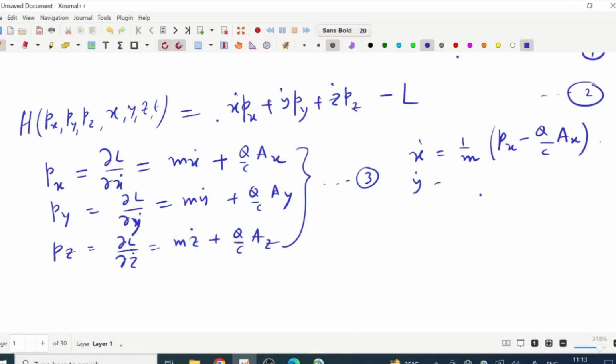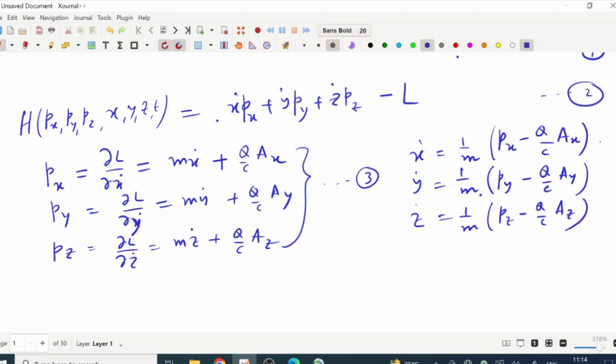Similarly, y dot will be 1 over m times py minus q by c A y, and z dot will be 1 over m times pz minus q by c A z. This is my equation 4.